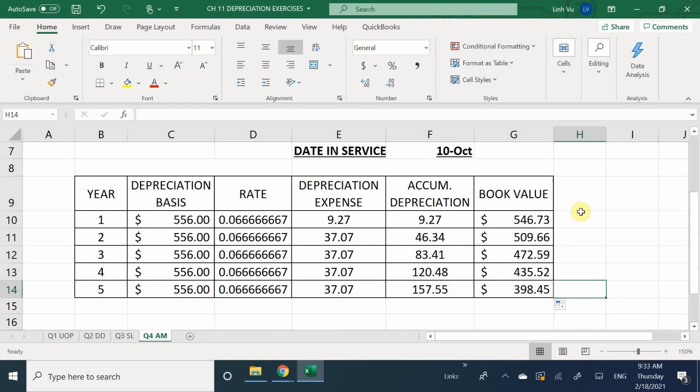And that's exactly what the accountants do. They don't sit there and calculate it every year. They just make a spreadsheet, calculate it all in one go, and then whenever their end of the period is, they come back to this worksheet, see what the depreciation expense is for that period, and record it.